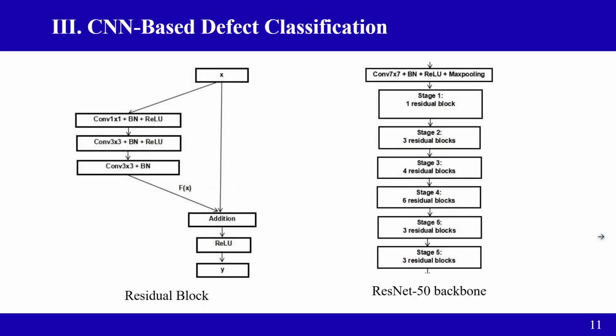We also evaluate ResNet 50, which is built from residual blocks with skip connections. Skip connections make deep training more stable, and ResNet 50 can extract stronger features for complex visual patterns.